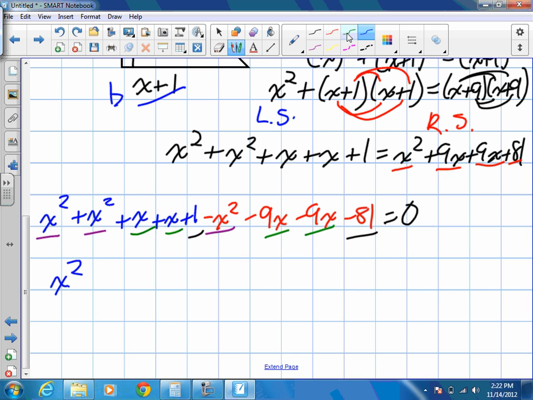Our x to the power 1, so x plus x, 2x. Minus 9x, negative 7, minus 9 again, 16. And finally, 1 or positive 1 minus 81. Sorry, not plus, you're right, negative 80.